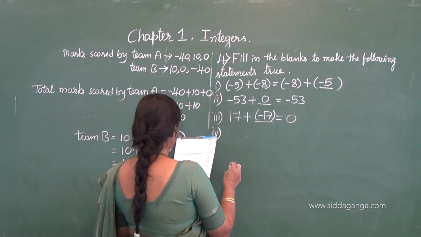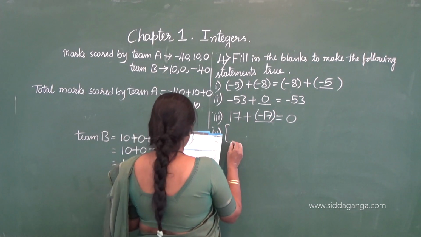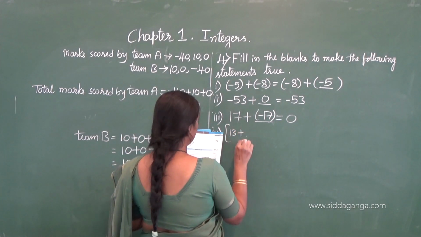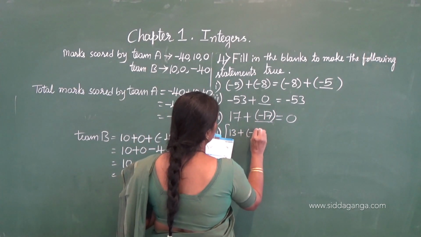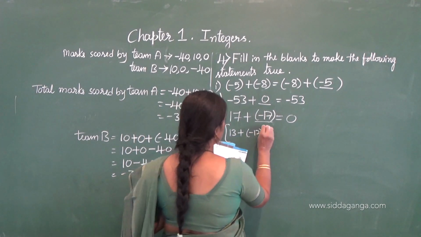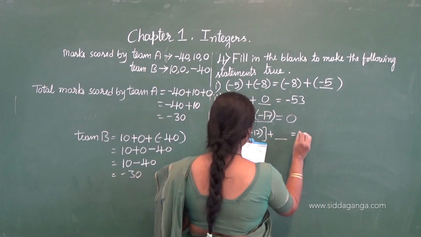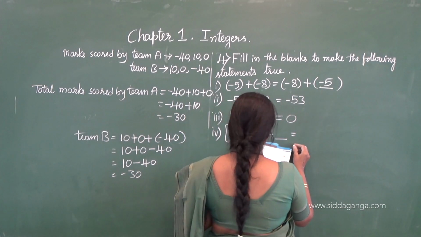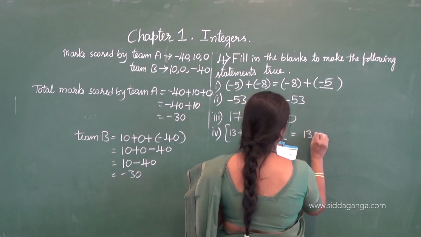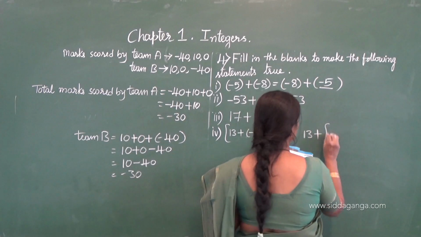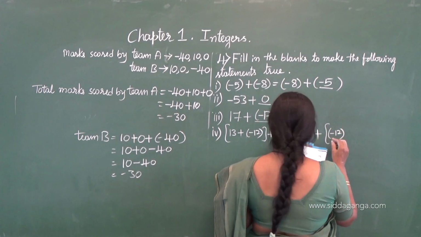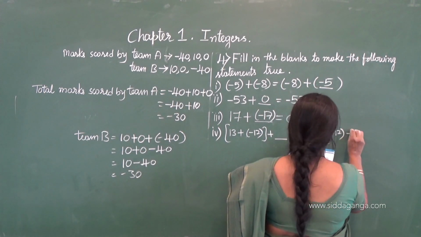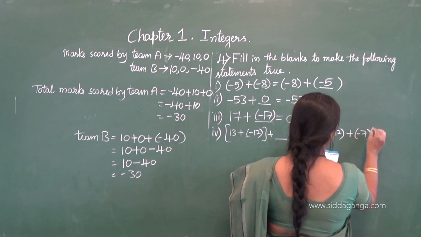Then the fourth one is 13 plus -12 plus blank is equal to 13 plus -12 plus -7.